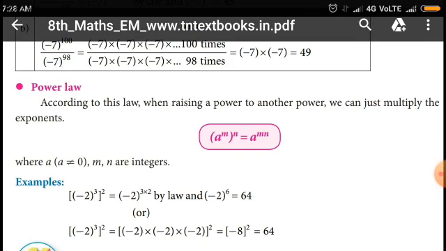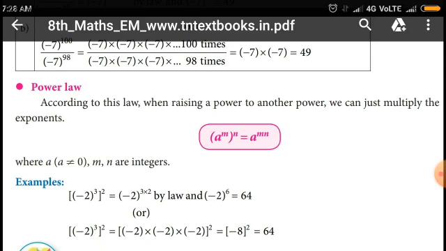Next, power law. According to this law, when raising a power to another power, we can just multiply the exponents, where a is not equal to 0, and m, n are integers.